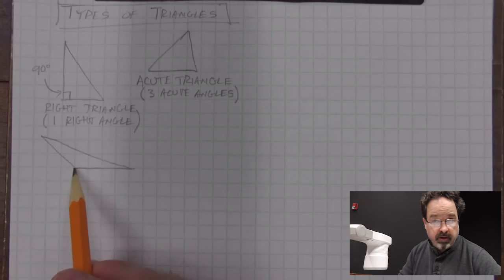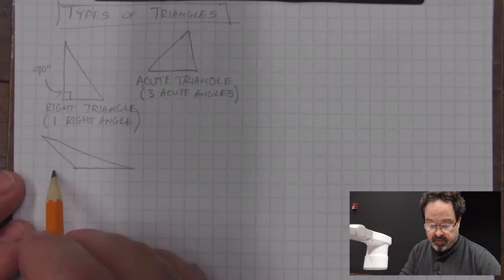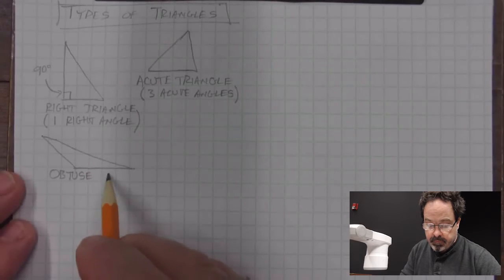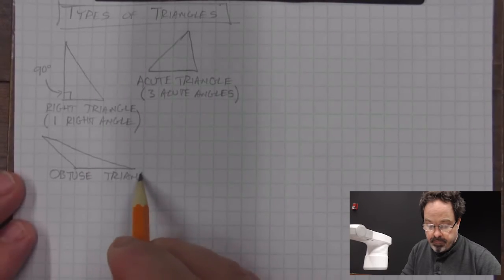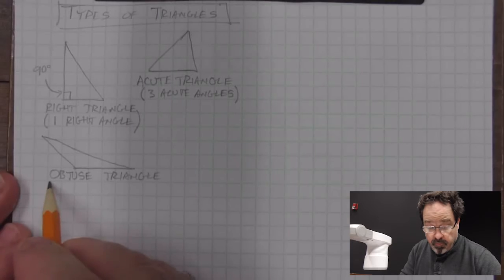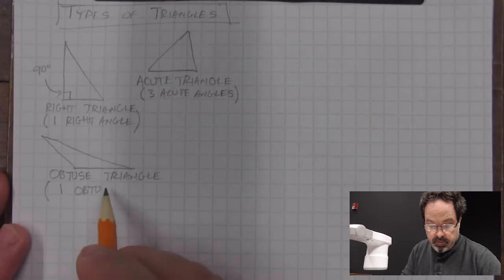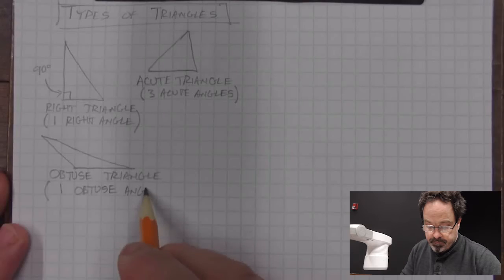This triangle only has one obtuse angle, but that's enough to call this an obtuse triangle. It's not possible to have more than one obtuse angle in a triangle, and we'll make a note that an obtuse triangle has one obtuse angle.